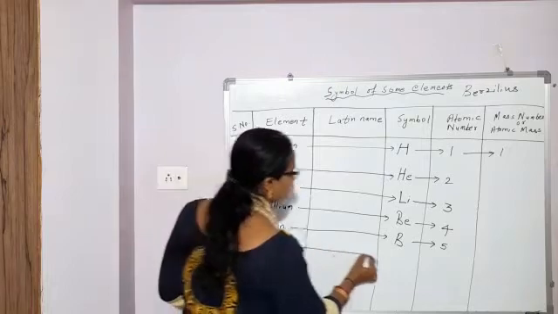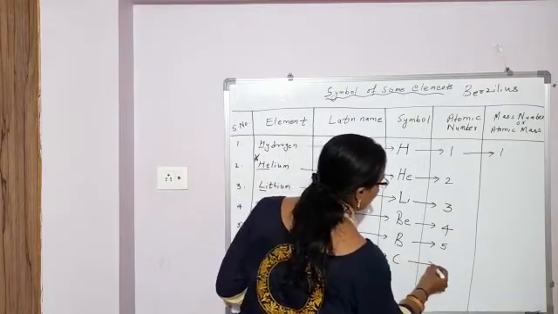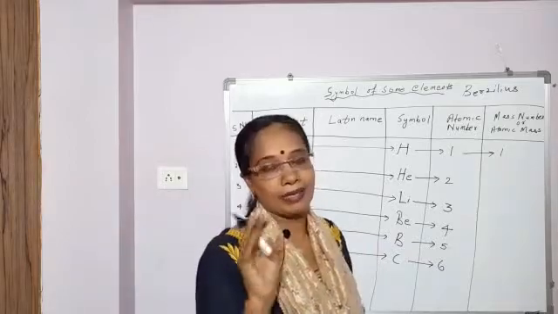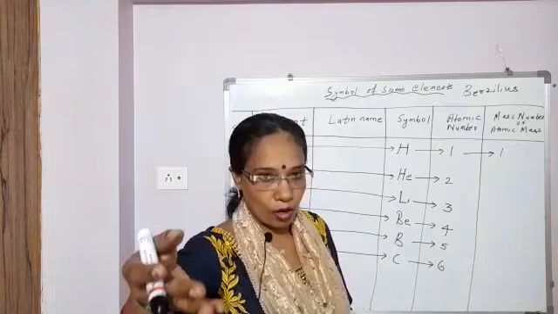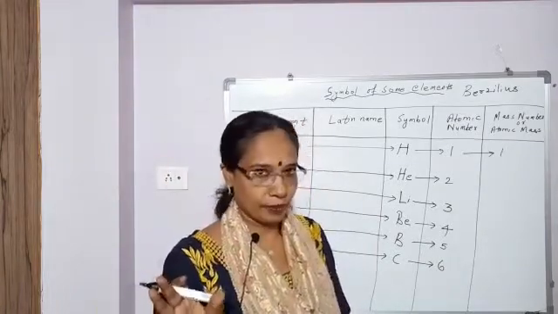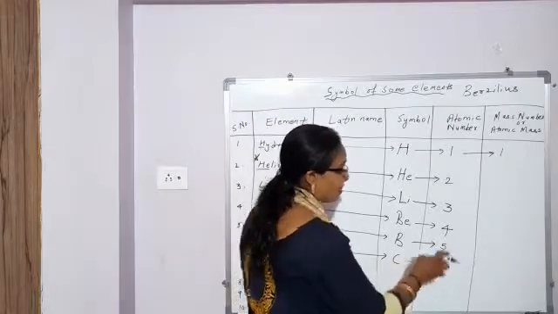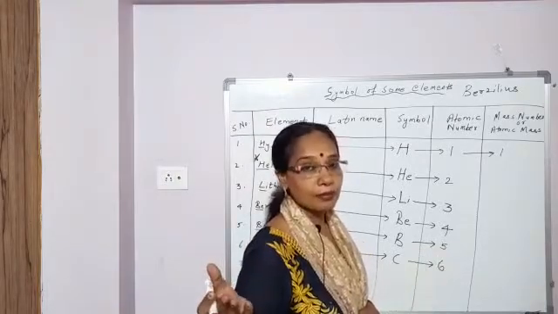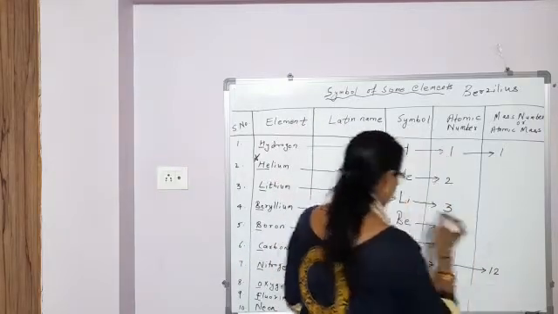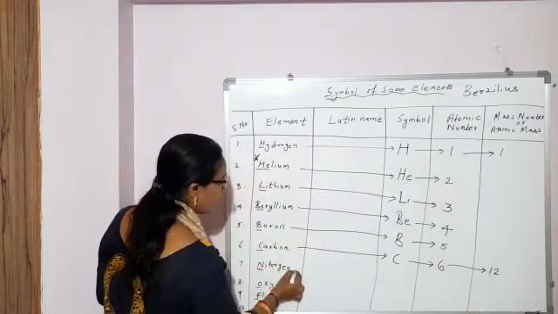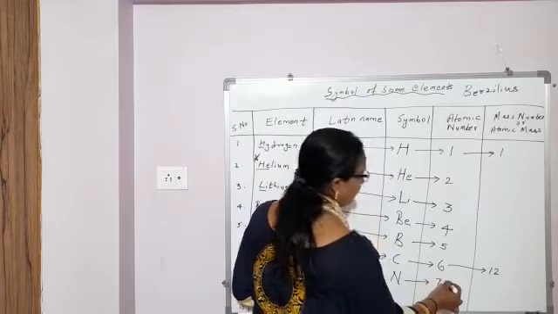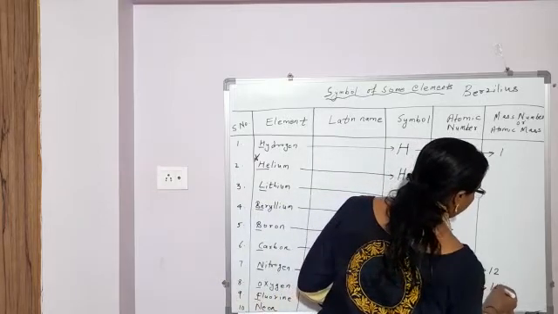So, carbon, C, atomic number 6. The mass number of the elements is always just double the atomic number, or double plus 1 in some of the elements. So, carbon, what is the atomic number? 6, double of 6 is 12. So, what is the mass number? Yes, atomic mass 12. Nitrogen, first letter N. So, symbol is N. Atomic number is 7 and double of 7 is 14.